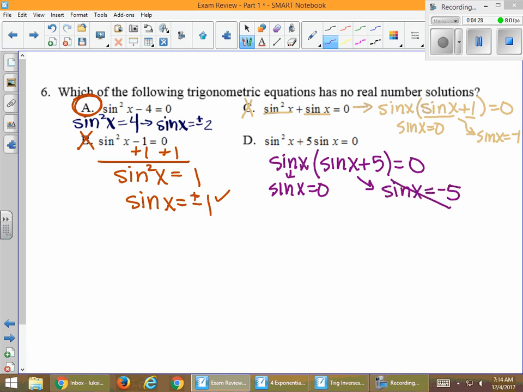So that piece does not give us a solution, but this one does. So there is only one answer to this problem, which is the following: has no real number solutions. Just be careful, because plus and minus 2 could be answers if you were working with cosecant, or if you were working with secant. But with sine, we don't have any values there.